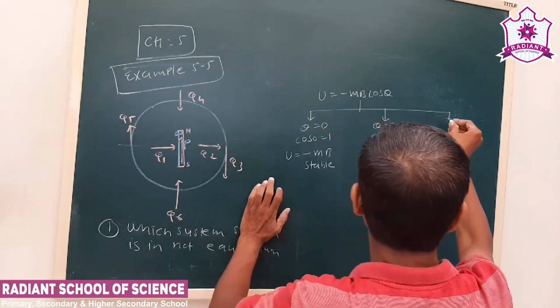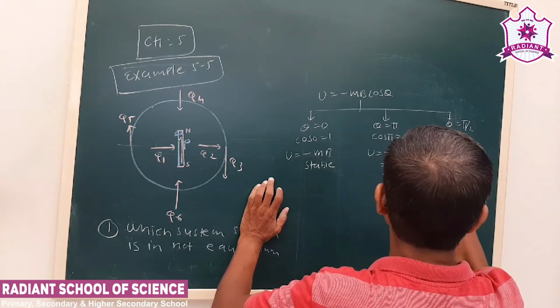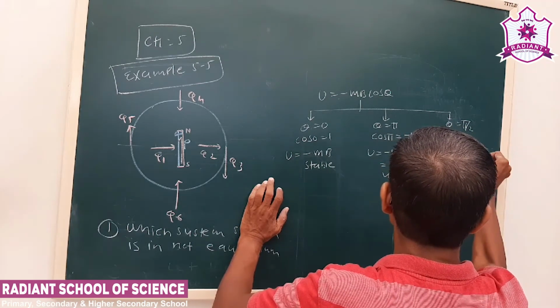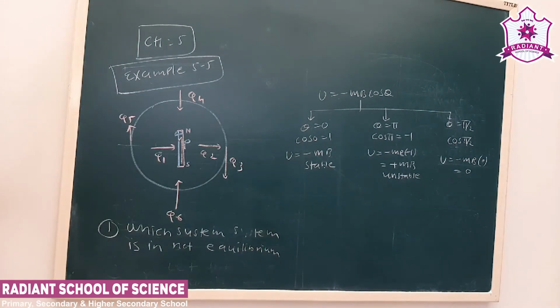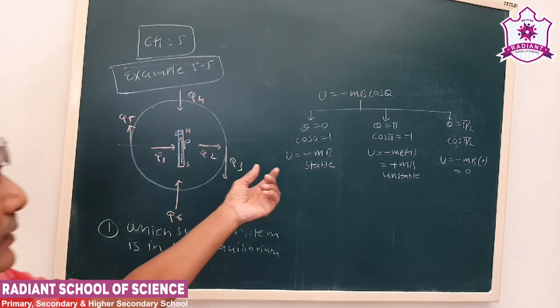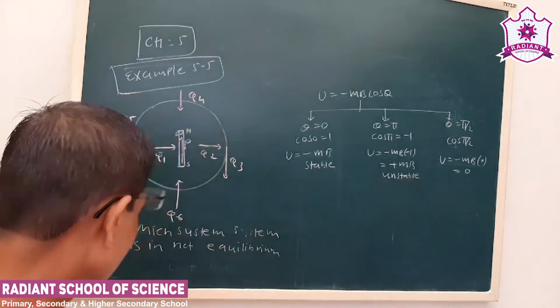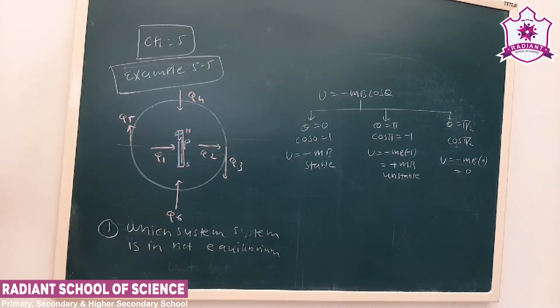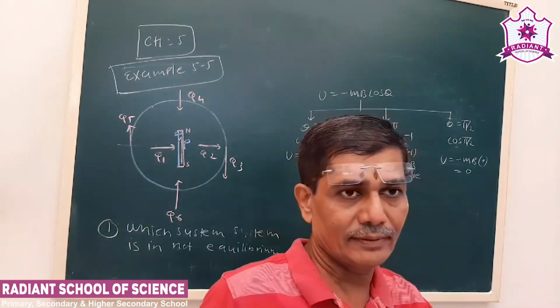And theta is equal to pi by 2, the potential energy is 0. These are the main things you have to keep in mind while solving this. Minus MB will be stable, unstable it will be plus MB. First we have to find out in which conditions the system is in non-equilibrium. See, here this is equilibrium, this is also equilibrium, but this is non-equilibrium.